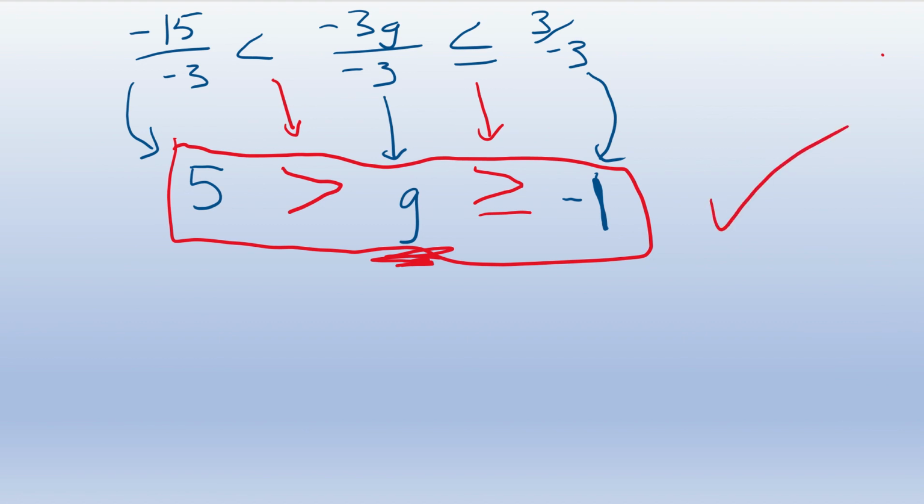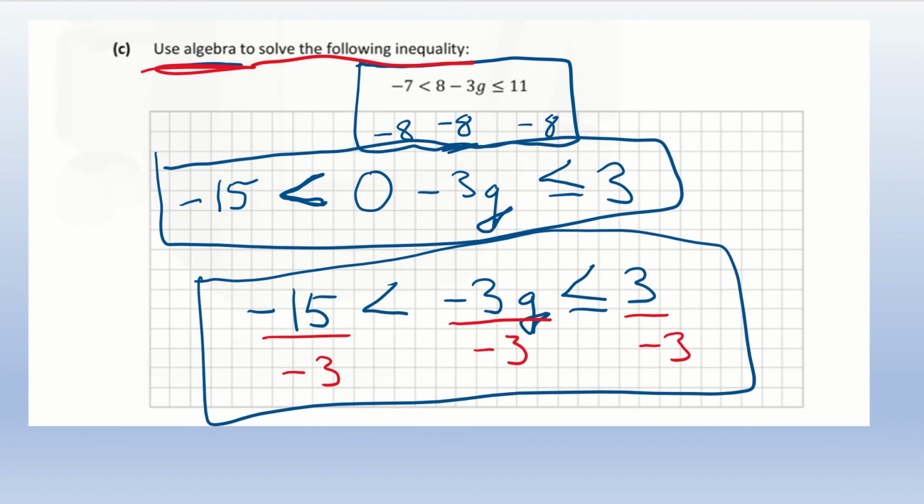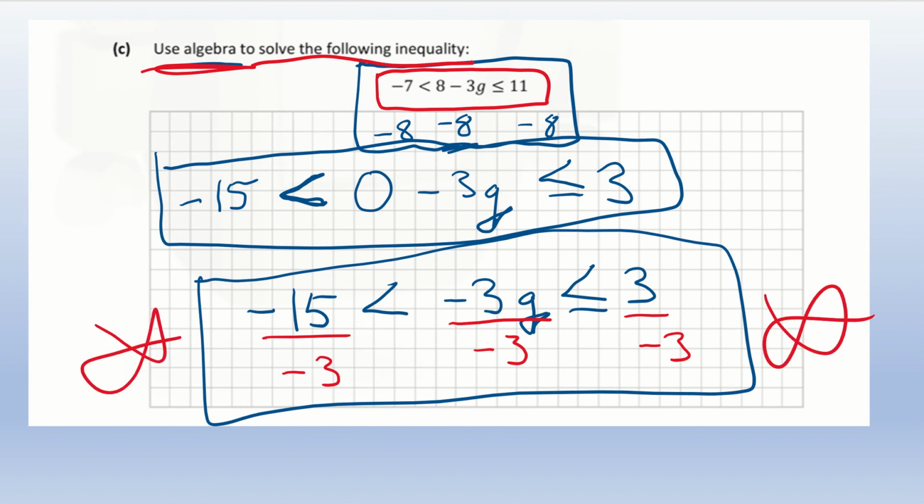The main skills of maths that you were called upon there was manipulating this expression to get g on its own, and also knowing that if you are multiplying or dividing by a negative number, so on this step here, you needed to change the signs of your inequalities to cater for the fact that you are multiplying or dividing by a negative number.